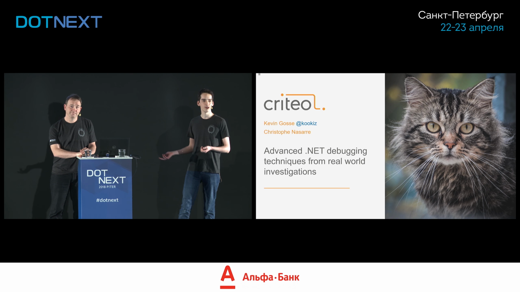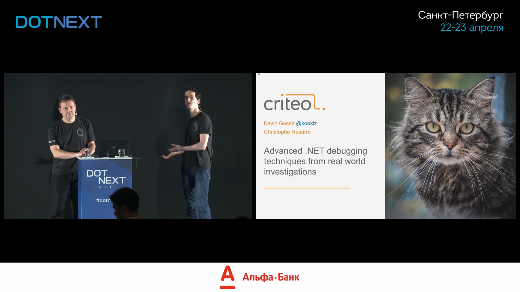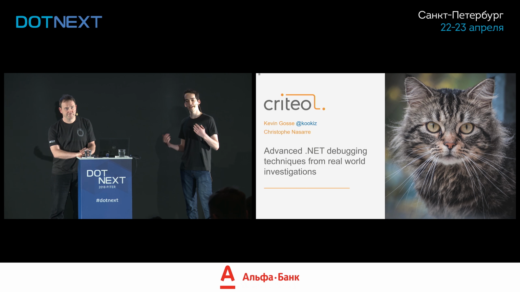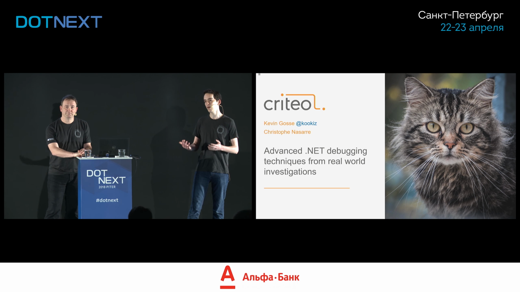So we are part of the Criteo Performance team. And as such, one of our jobs is to help developers diagnose and fix those issues when they happen on a production environment. We thought it would be nice to show you a few of our real-world investigations, because we noticed that no matter the type of issue that we investigate, the process to solve it is pretty much always the same.